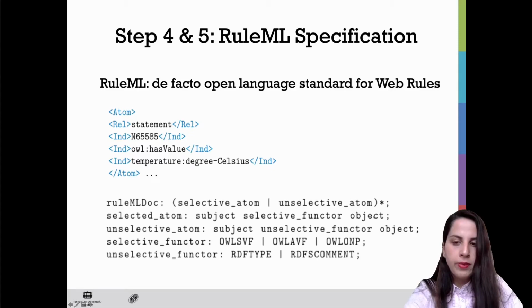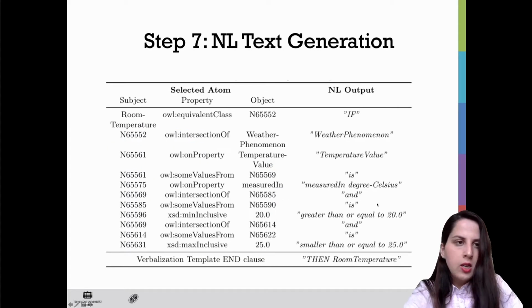Given the rule-ML specification as input, this step parses it according to a domain-specific language grammar, and we implement the parser using ANTLR. The Ontospect grammar includes two grammars, the lexer grammar and the parser grammar.